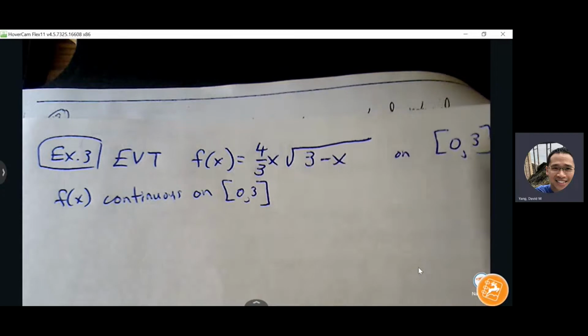We are going to test the endpoints, but we'll save that for the end. We want to find the critical value.